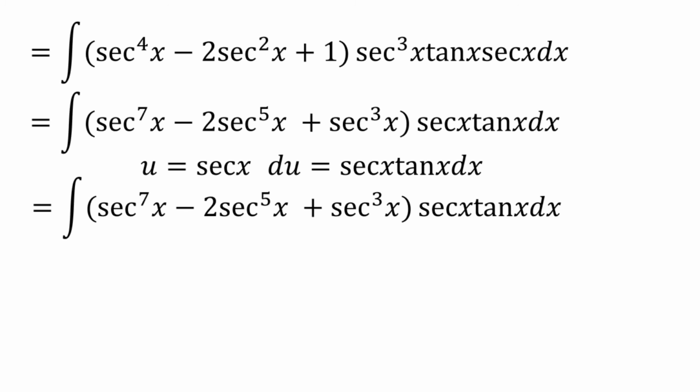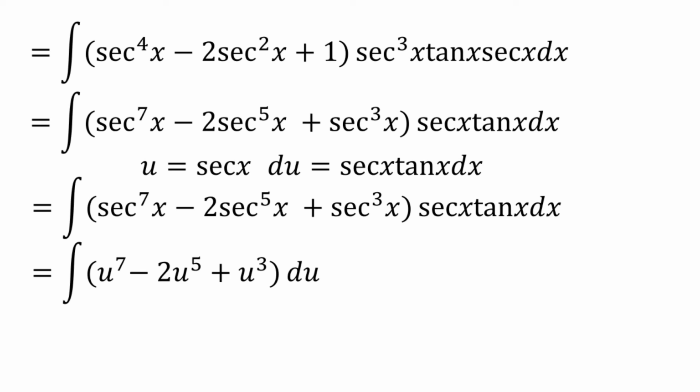Okay, so since we have this, we can change this into u and du, or substitute u and du. So now we have the integral of u to the 7 minus 2u to the 5th plus u cubed du. Okay, so since this is already integrable, let us just integrate this.